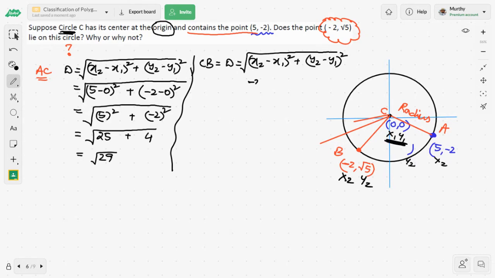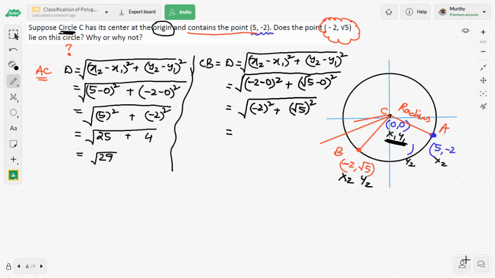So negative 2 subtract 0 square plus square root 5 subtract 0 whole square, under the square root. Negative 2 subtract 0 gives me negative 2 square. Square root of 5 subtract 0, square root 5 square.